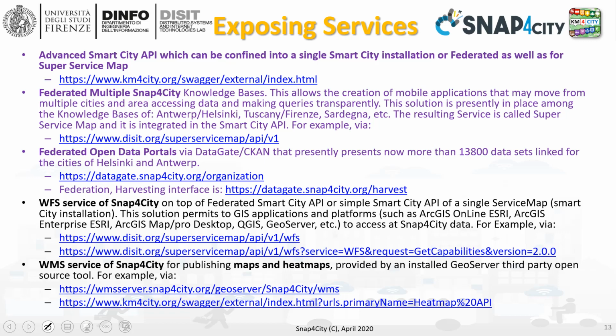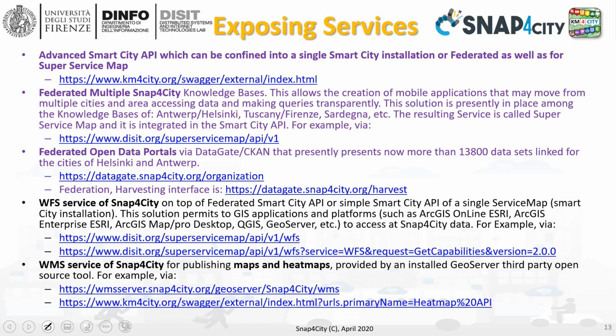The advanced Smart City API can be limited to a single area, to a single installation, while you can federate the Smart City API, connecting several installations together or several knowledge maps together.